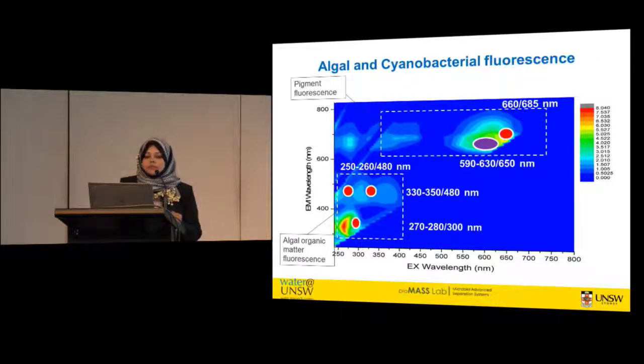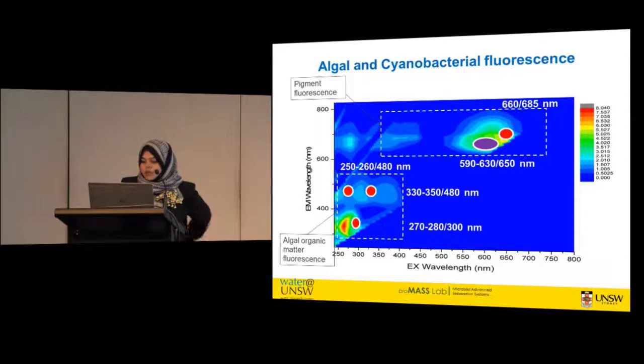So this is a typical excitation emission matrix of an algal or cyanobacterial species. These fluorescence signatures mainly correspond to either protein-like fluorescence or humic-like fluorescence.